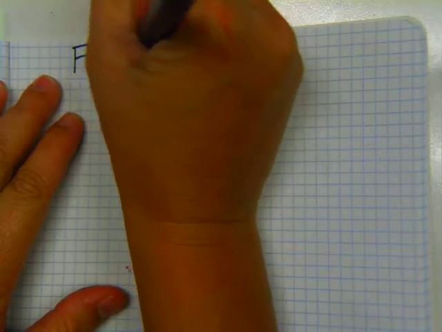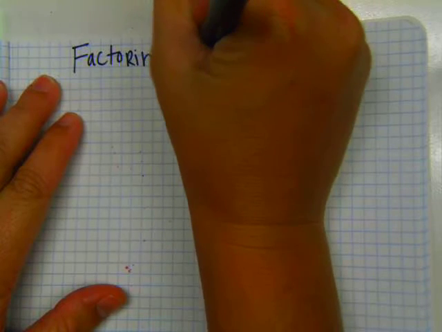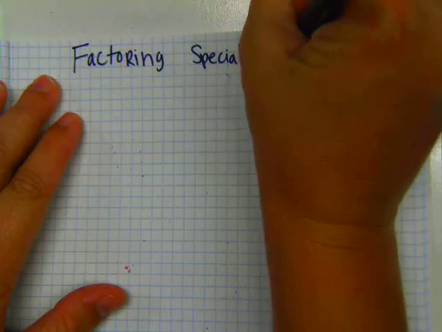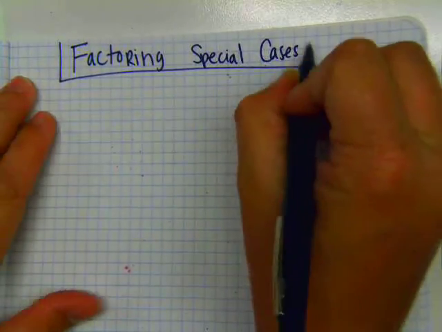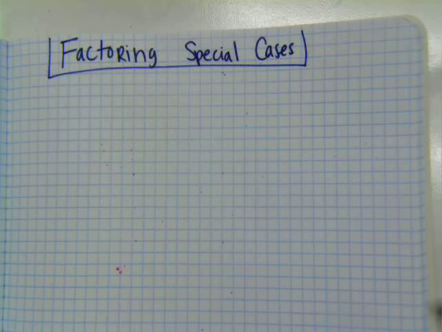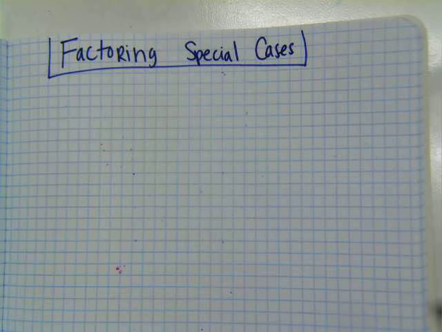Right, welcome back. We're going to continue with factoring, but now I'm going to write factoring special cases. So factoring special cases, we're on page 30 here. There are two special cases that we're going to talk about.